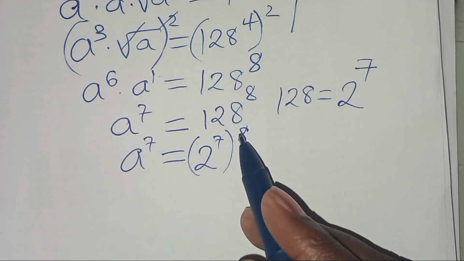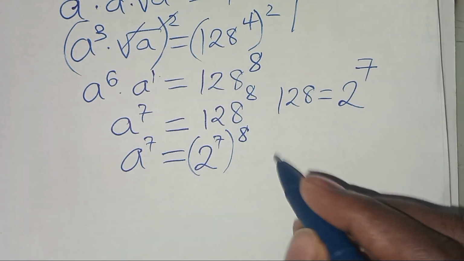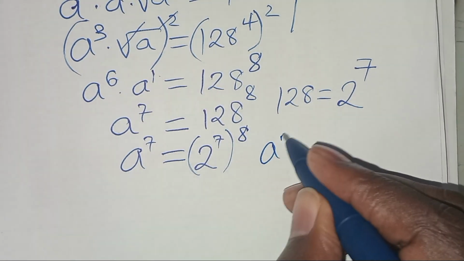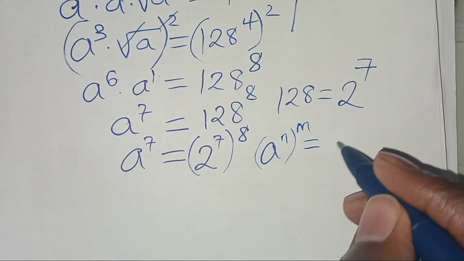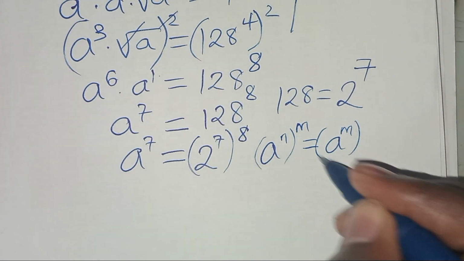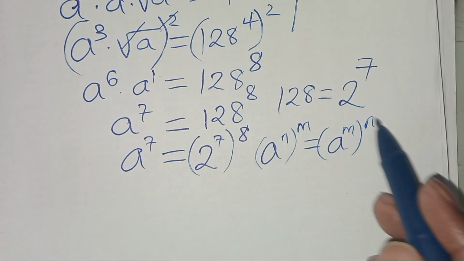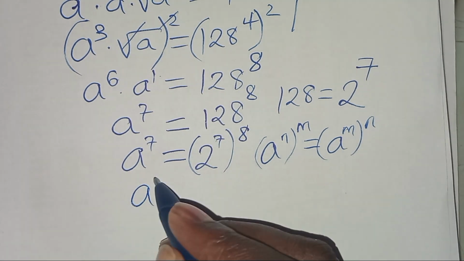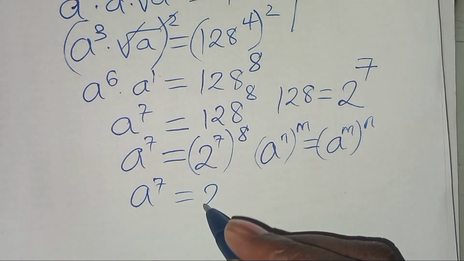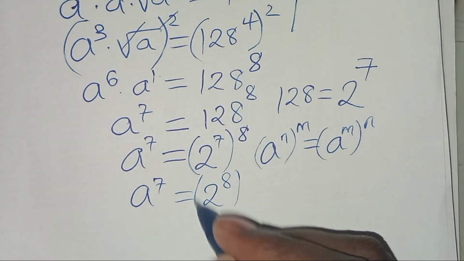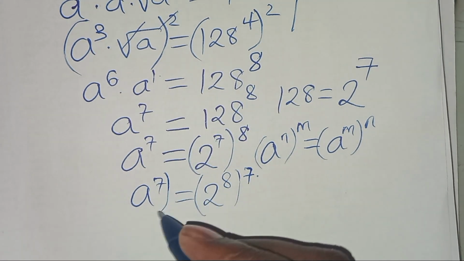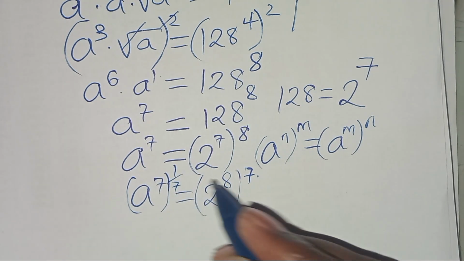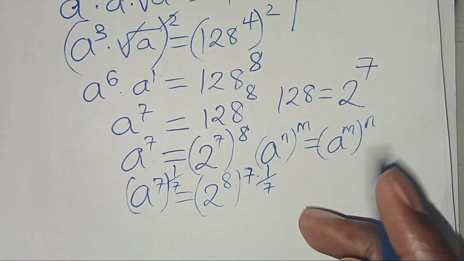If you have 2 to power n raised to power m, this can be expressed as 2 to power m raised to power n. Applying this property, we'll have a to power 7 equal to 2 to power 8 raised to power 7. So we multiply both sides by 1 over 7.